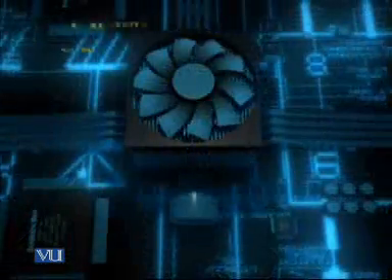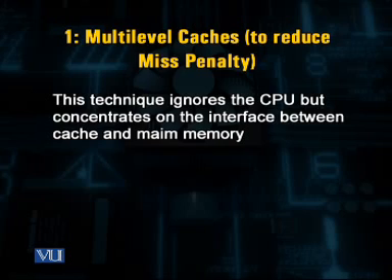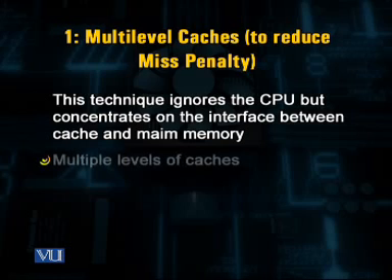Now, let us consider the first technique, that is the multi-level caches. This technique ignores the CPU, but it concentrates on the interface between the cache and the main memory. The basic idea of this technique is that we use multiple levels of caches.